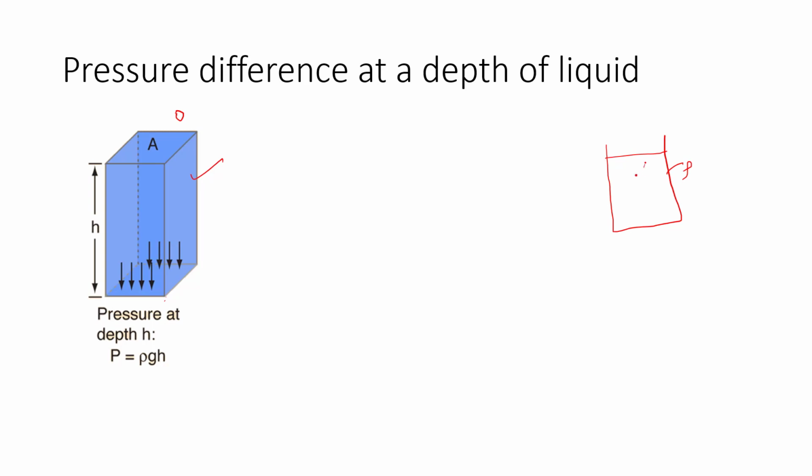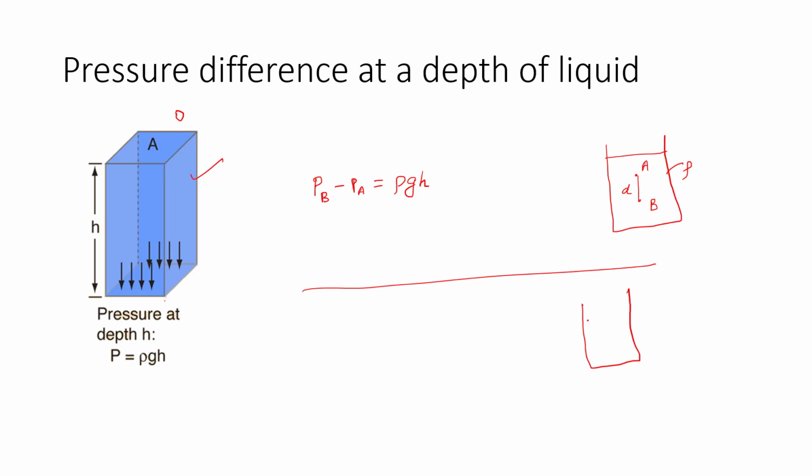There are 2 points, let's say this point is A and this another point is B, and there is a difference of depth h between these points. Then the difference in pressure between points A and B is going to be Pb minus Pa is equal to rho g h.